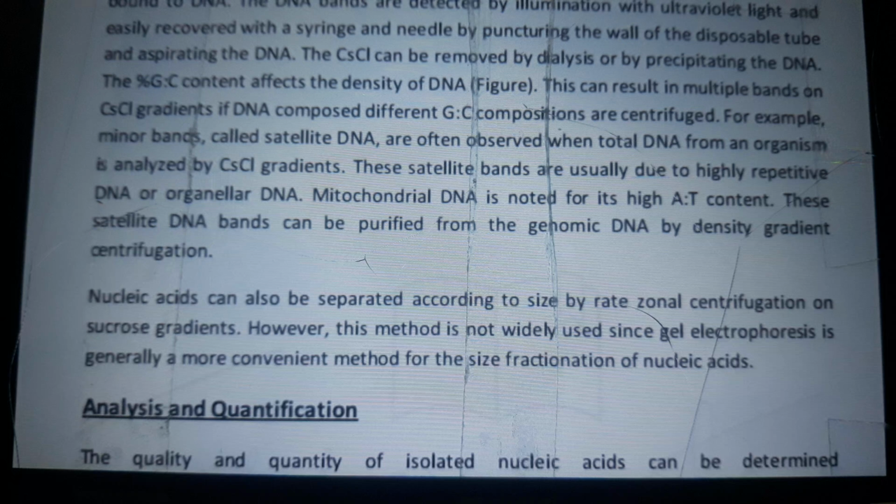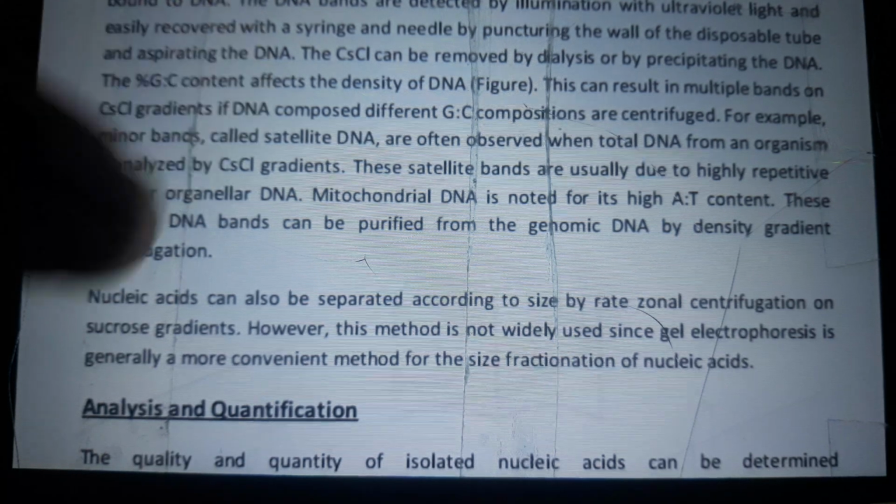These satellite bands are usually due to highly repetitive DNA or organelle DNA. Mitochondrial DNA is noted for its high AT content. These satellite DNA bands can be purified from the genomic DNA by density gradient centrifugation.